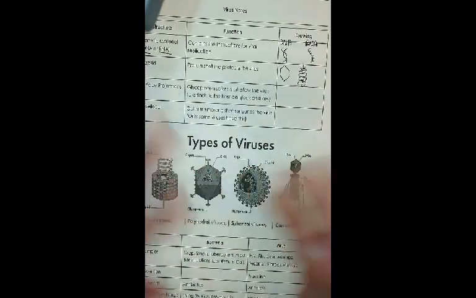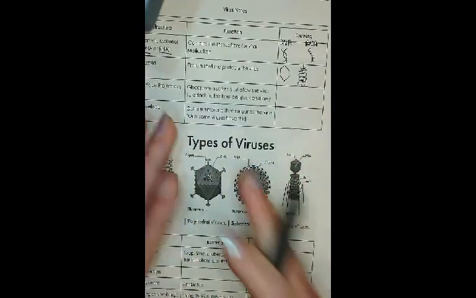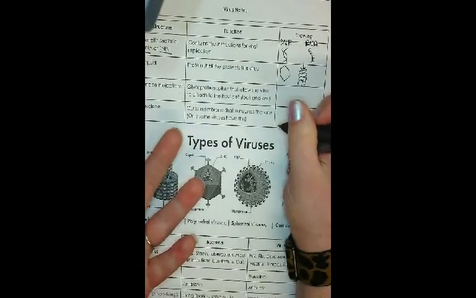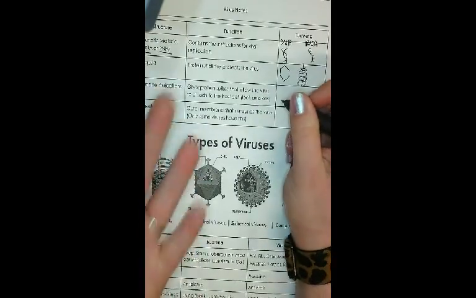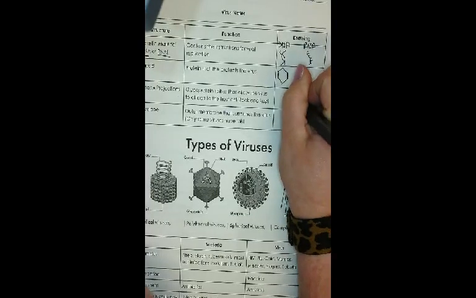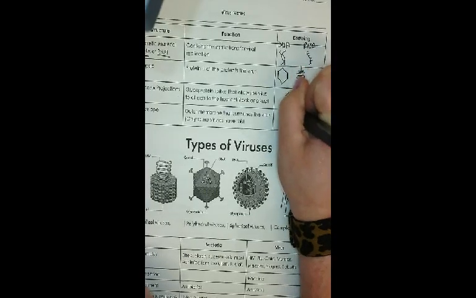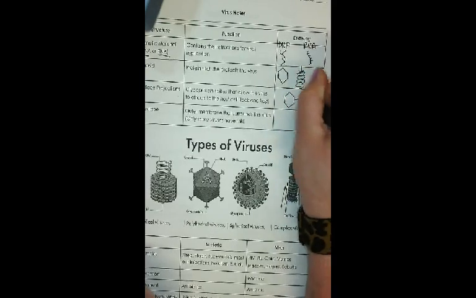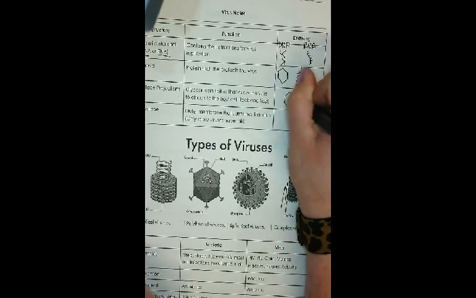If you ingest COVID, you're not going to get sick. But if you were to breathe it in, that would make you sick because it would attach to your host cells. So these are the receptors on the outside of the virus that actually attach to your cells.